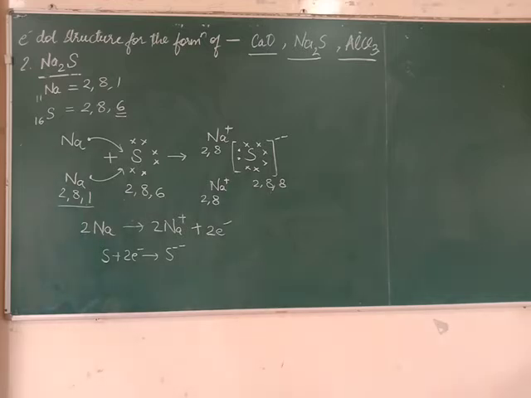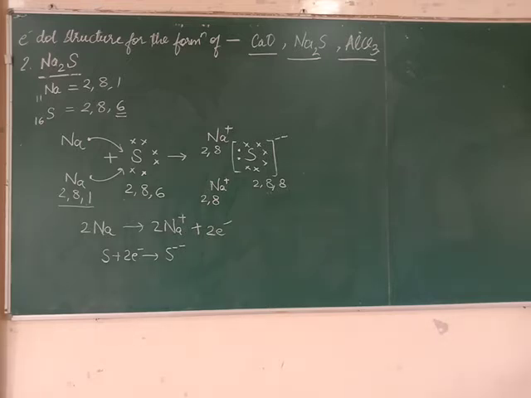See it one more time carefully. 2 sodium atoms are donating 1 electron each to 1 sulfur atom. Sodium ions become stable after losing their electrons. Sulfur is accepting 2 electrons from the sodium atoms and becoming S with -2 charge, or sulfide ion.